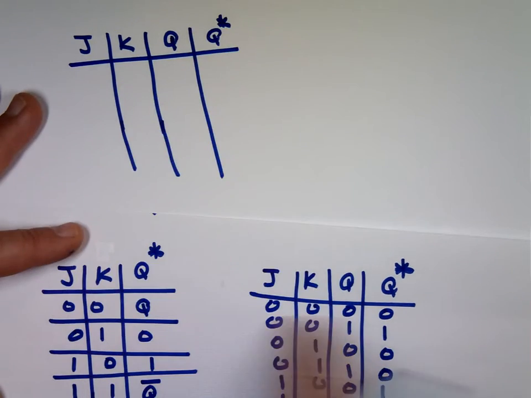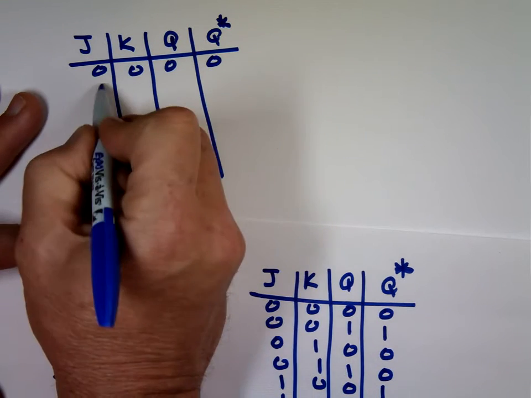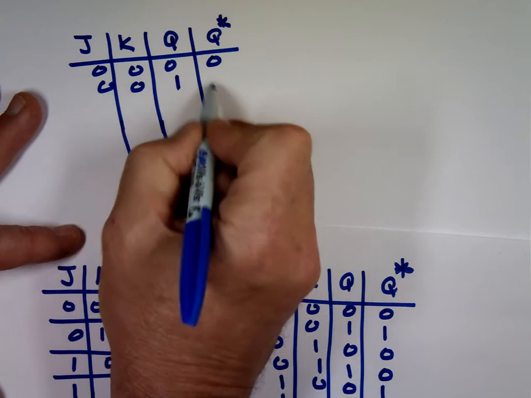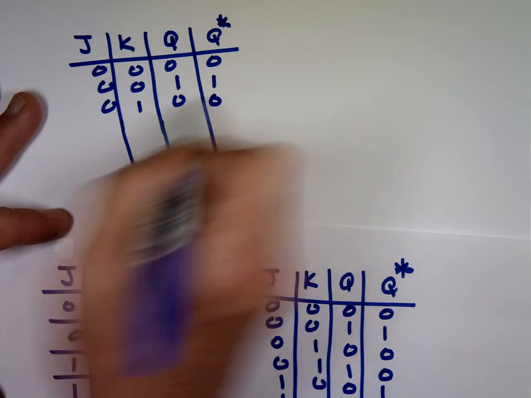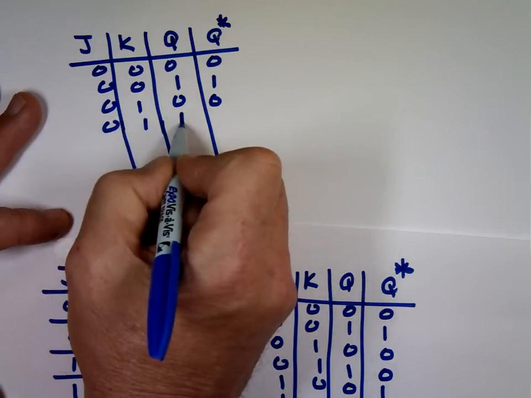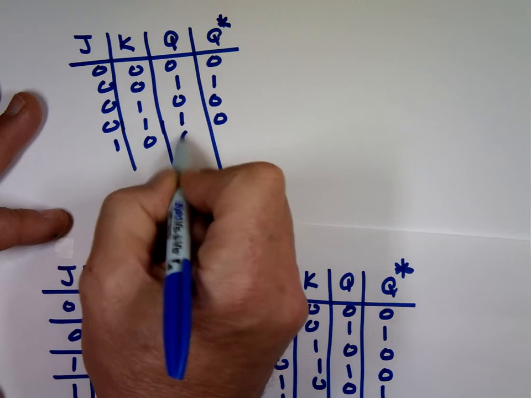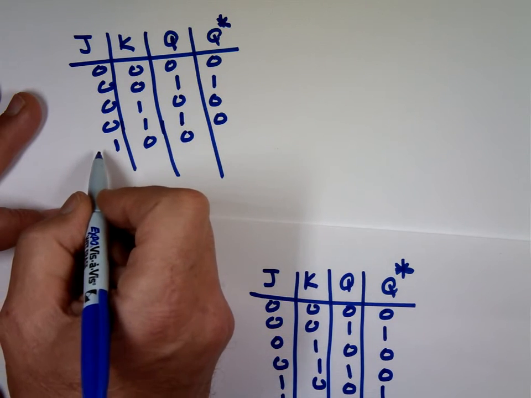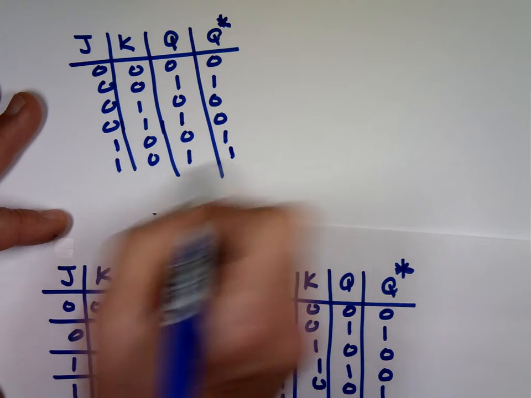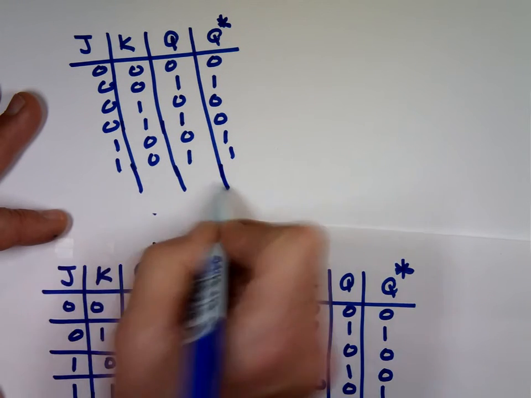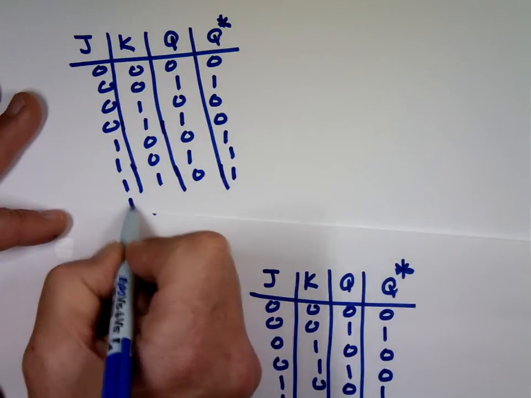I'm looking at that table. 0, 0, 0, that's a 0. 0, 0, 1, that's a 1. 0, 1, 0, that's a 0. 0, 1, 1, that's a 0. 1, 0, 0, that's a 1. 1, 0, 1, that's a 1. 1, 1, 0, that's a 1, and 1, 1, 1, that's a 0.